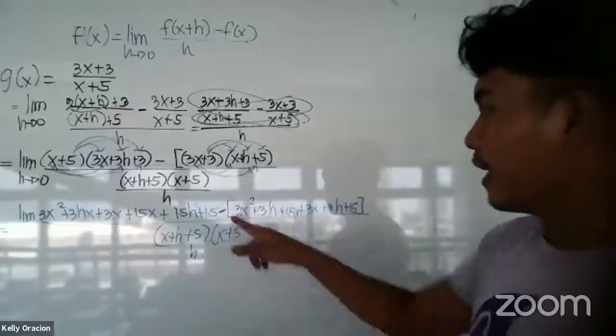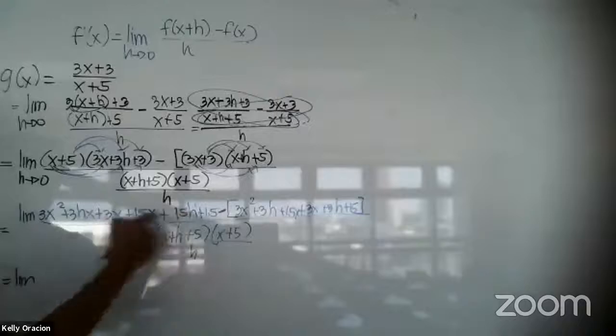Okay. Next, i-distribute. So, copy lang this time dito, this part, this terms rather, copy. So, distribute, that's negative 3x squared.